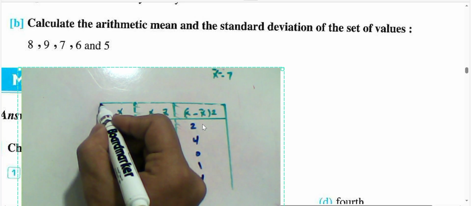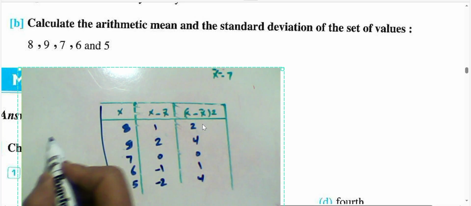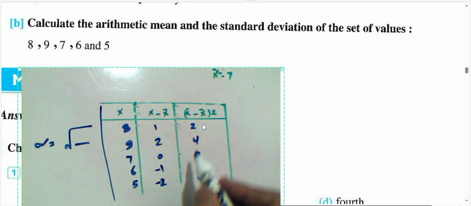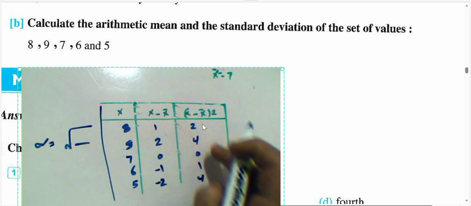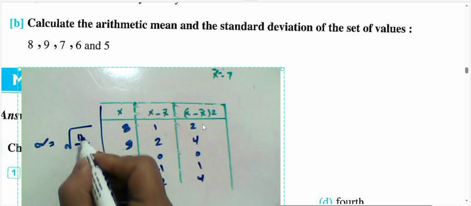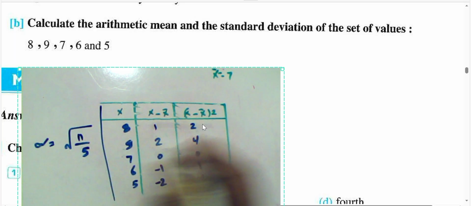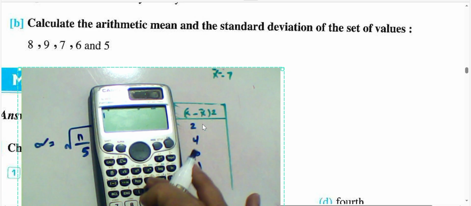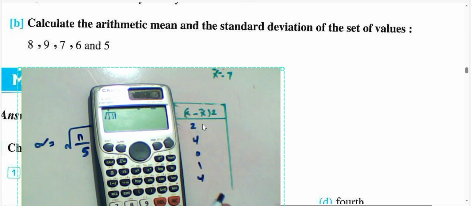And next step, you can write the standard deviation, right? The square root of the summation, the answer here 1, 4, 0, 1 and 4, is 11. Divided by the number of values, 5: 11 over 5, and write the square root of 11 divided by 5.